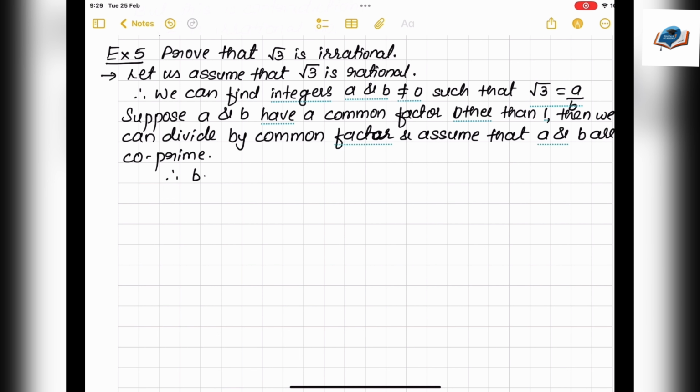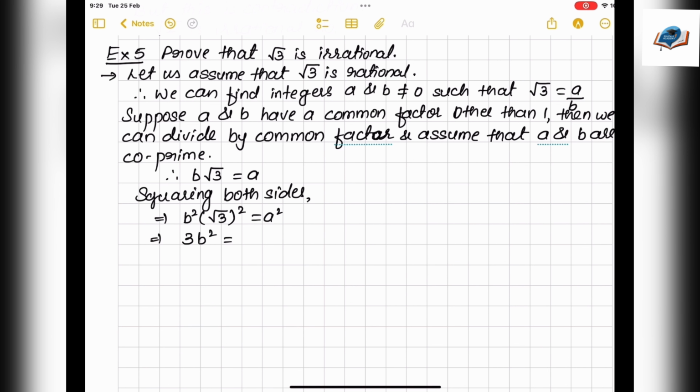Therefore, b root 3 equal to a. Now squaring both sides, it implies b square into root 3 whole square equal to a square. So it implies 3b square equal to a square. Therefore, a square is divisible by 3.